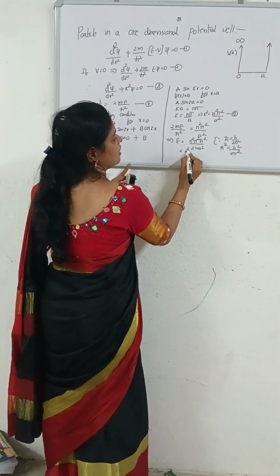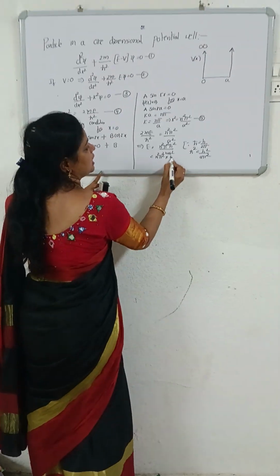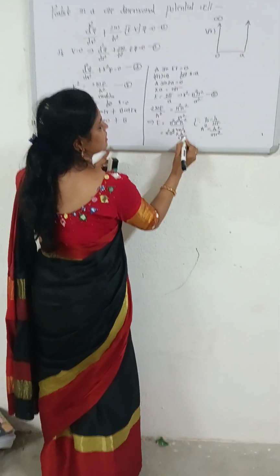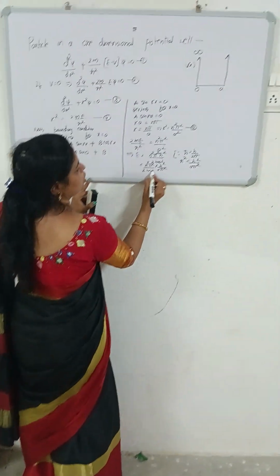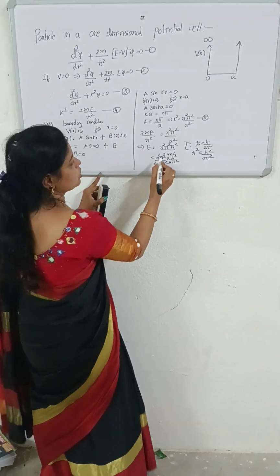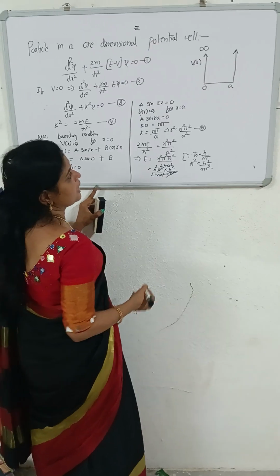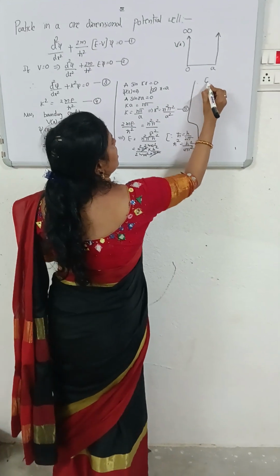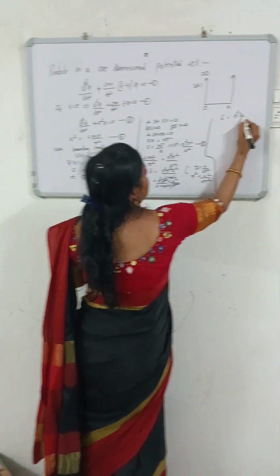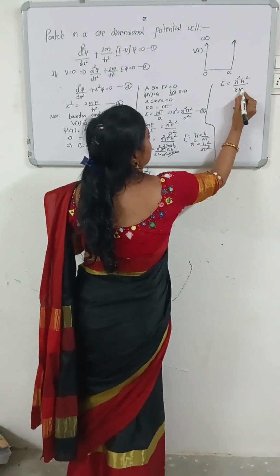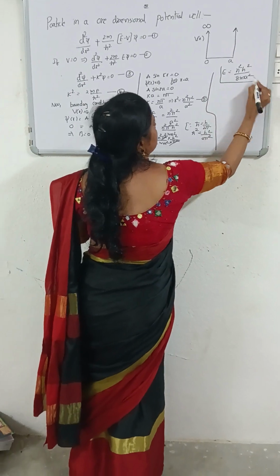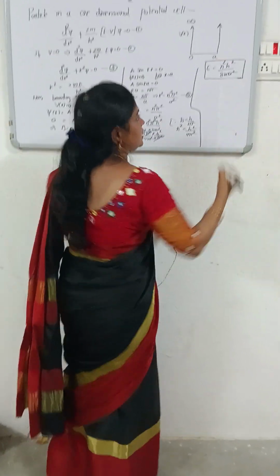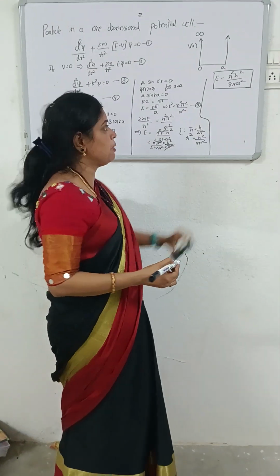So n square pi square h square by 4 pi square divided by 2m a square; pi square gets cancelled. Therefore E equals n square h square by 8m a square. This equation represents the energy of the particle.